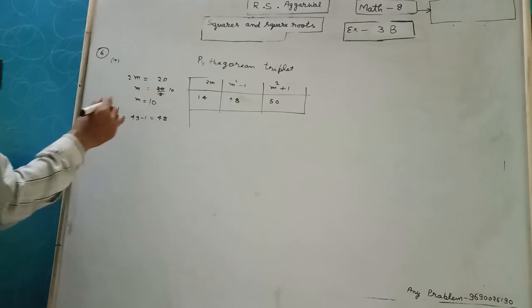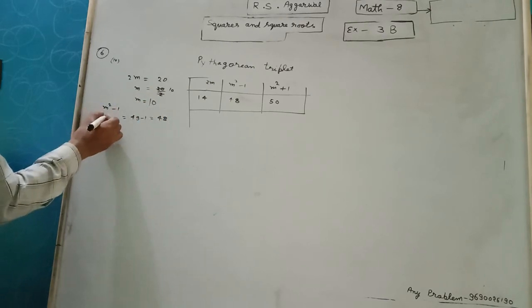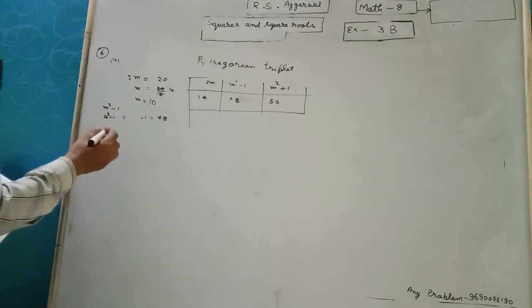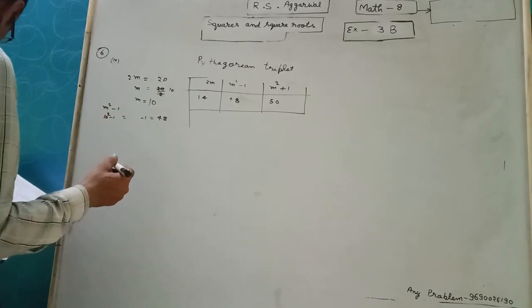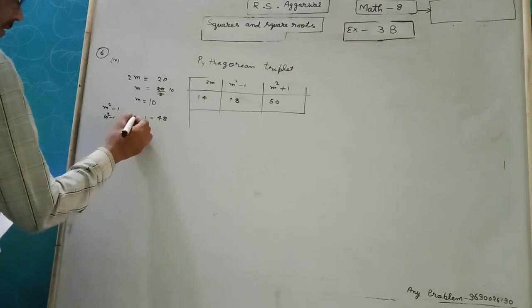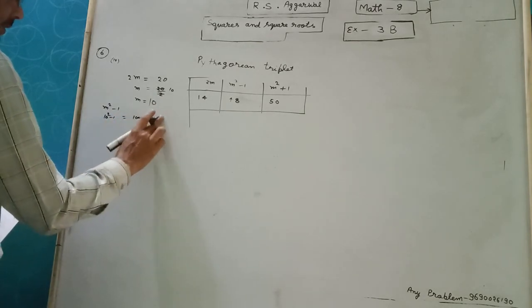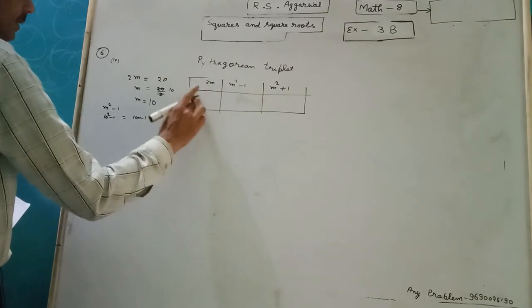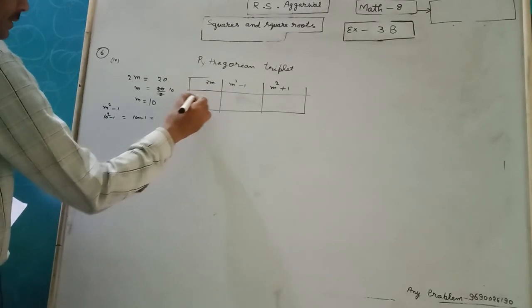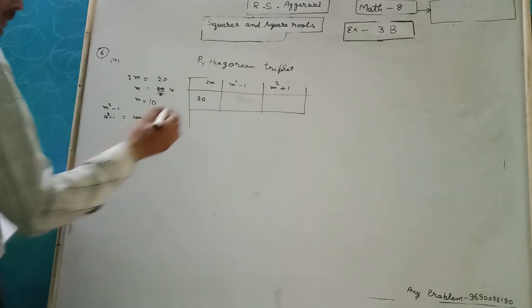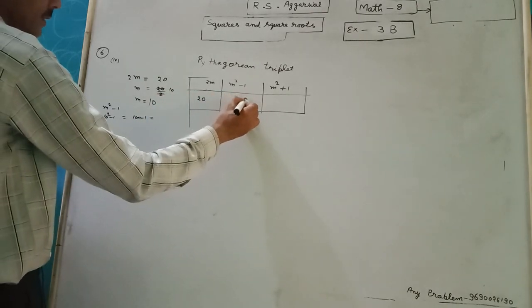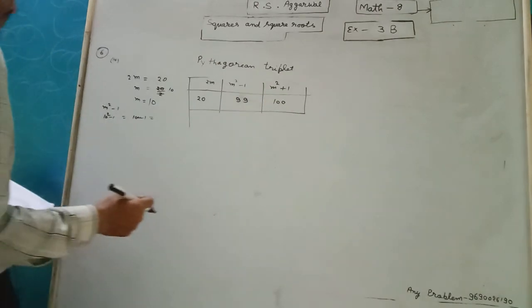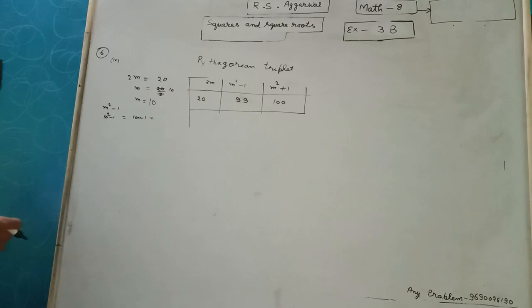M value we find the 10. 10 square, 100 minus, first column will be 20, 99 and 100. Thank you.